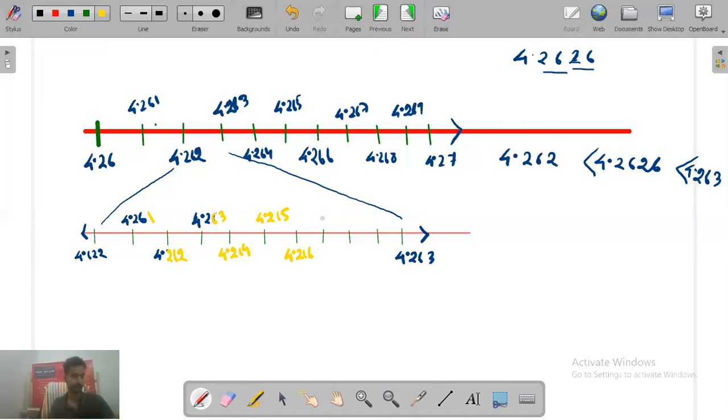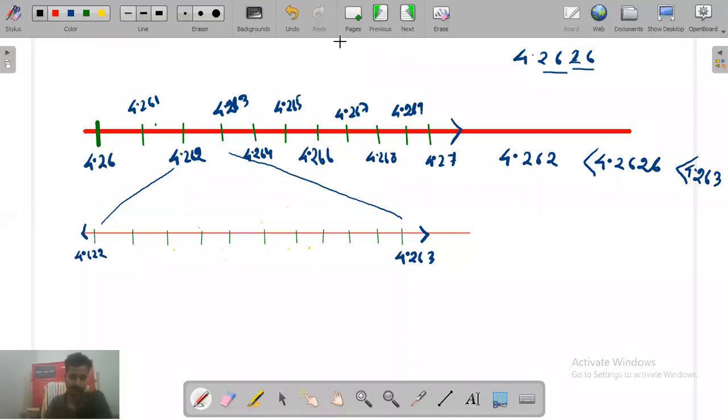Yes or no? Yes. It will be 4.262, then it will be 4.2621. Yes, 4.2621.